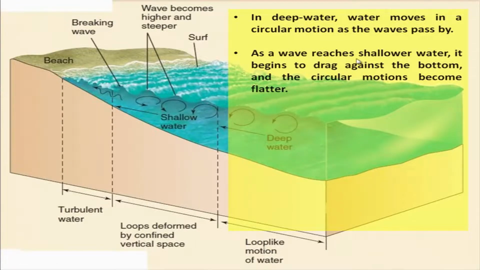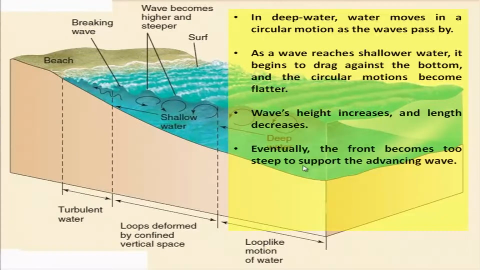As a wave reaches shallow water, it begins to drag against the bottom, and the circular motion becomes flatter. Wave height increases and the length decreases. So the wavelength decreases, whereas the height of the waves increases. Eventually, the front becomes too steep to support the advancing wave.